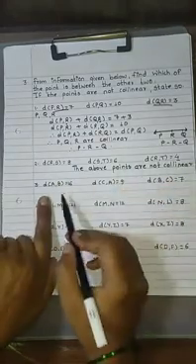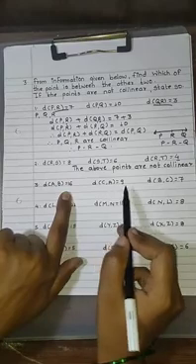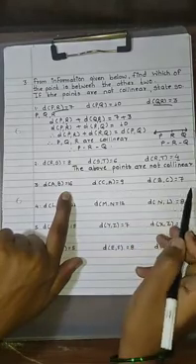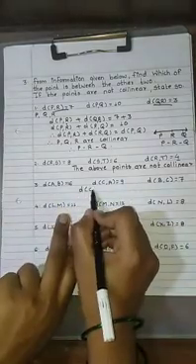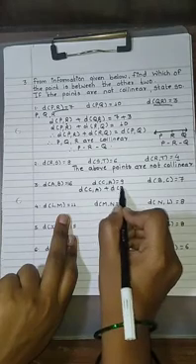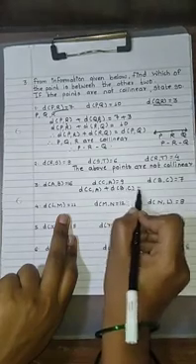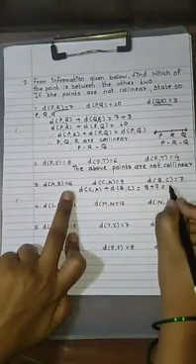Next one. Now distance AB is 16, distance CA is 9, distance BC is 7. Now if you add distance CA plus distance BC, now see, 9 plus 7. 9 plus 7 is how much? 16. That is AB.